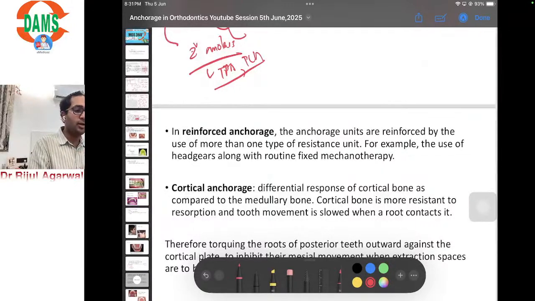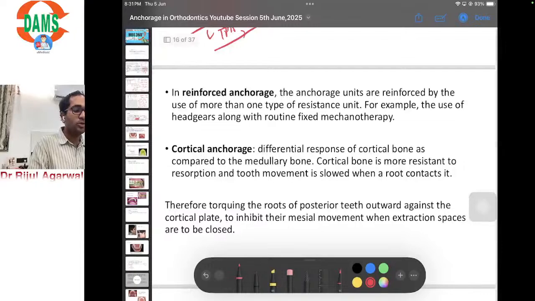Next comes cortical anchorage. As we know what cortical bone and cancellous bone are, cancellous bone is inside, surrounded by the cortical plates. Cortical bone, from our pathology and histology, we know is a thicker plate of bone. So if we take advantage of this thicker plate of bone, the tooth movement will slow down. Cortical bone is more resistant to resorption and tooth movement is slowed when a root contacts it.